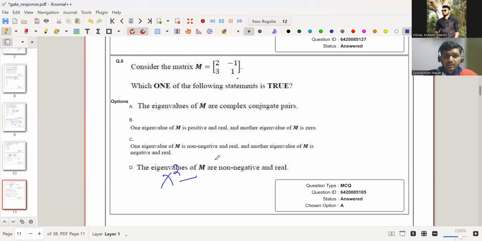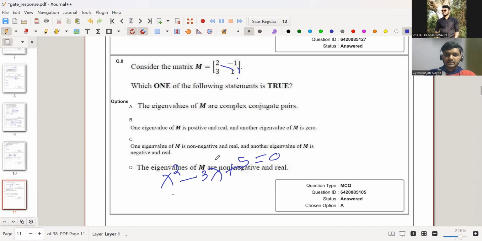Lambda square minus the sum of the diagonal elements, that is 2 plus 1, 3. So minus 3 lambda plus the determinant value. So the determinant value is 2 times 1, which is 2, minus minus 3. So 2 plus 3, that is 5, equal to 0. Okay.